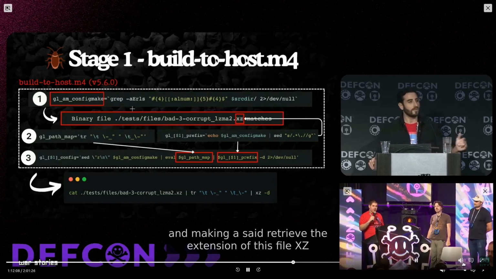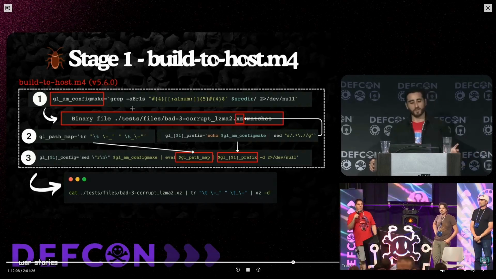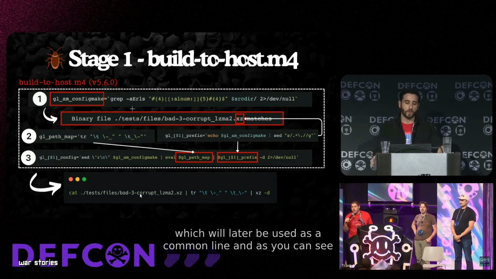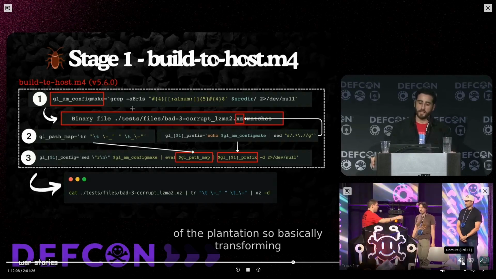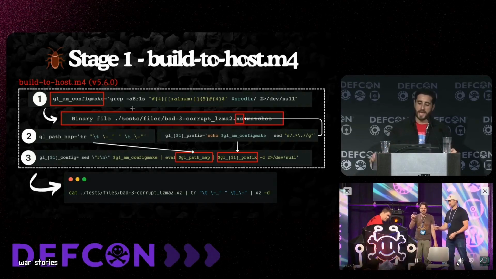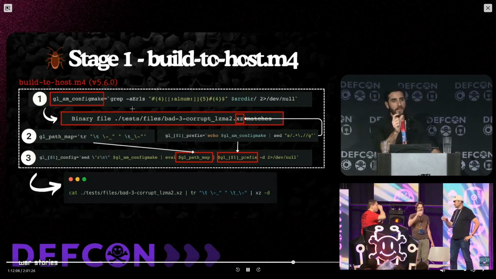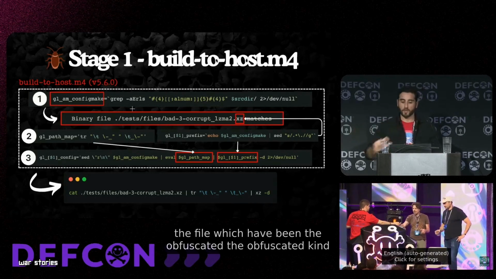The first one is for tr, the translate tool, which is basically doing a kind of substitution algorithm for part of the backdoor itself, the bad-3. And the second one is showing the test file, and making a sed to retrieve the extension of this file, xz, which will later be used as a command line.